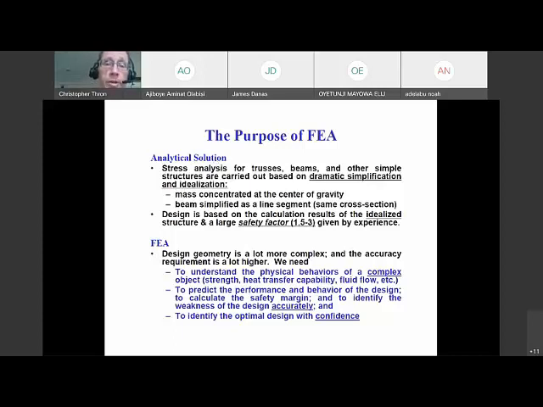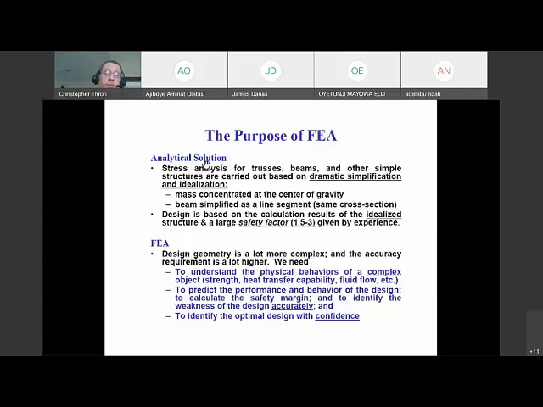For instance, a beam, which is a three-dimensional object, may be modeled as a line. The mass, which has a very complicated distribution, may be modeled as a single point. So these are great simplifications that enable an analytical solution.